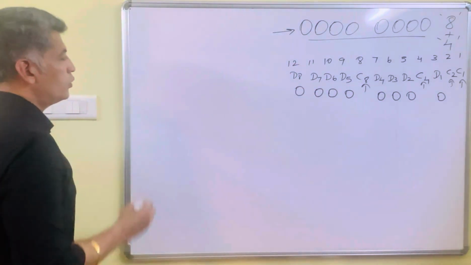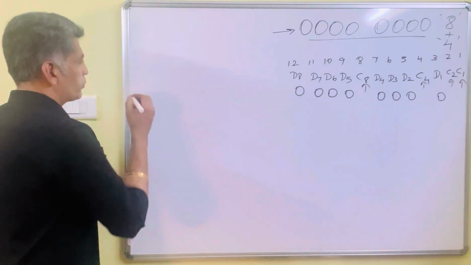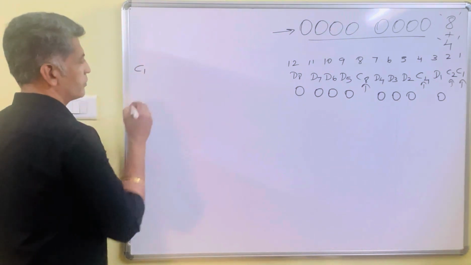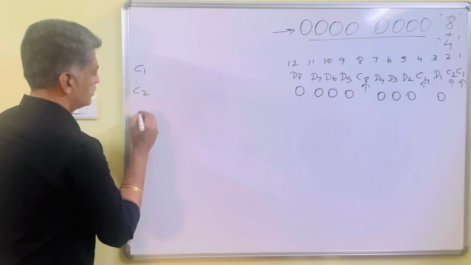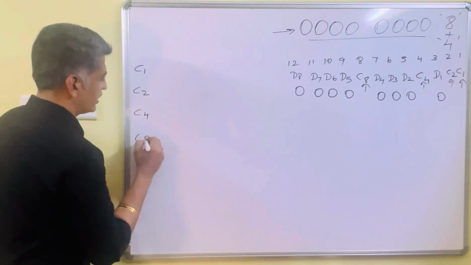Now how can I identify check bit position 1? This is my check bit 1, check bit 2, then check bit 4 and check bit 8.